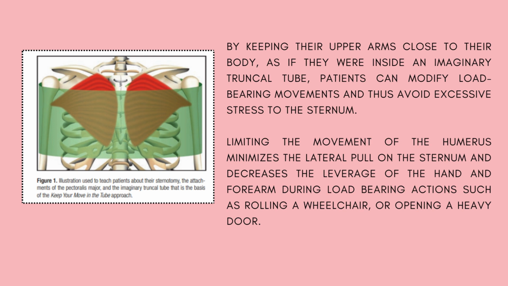And what we are trying to do is minimize the movement of the humerus, which is preventing the lateral pull on the sternum, and hence it's helpful for the patient by avoiding any excessive load or any excessive stress to the sternum.